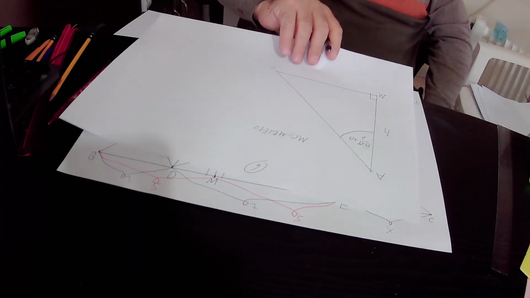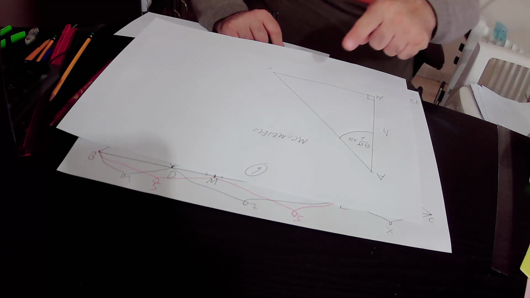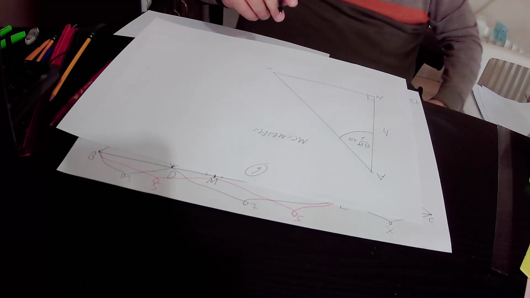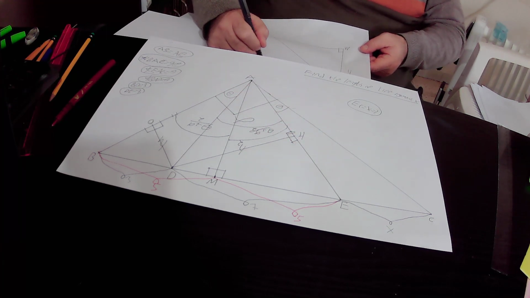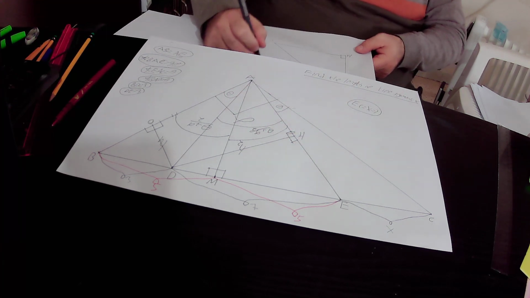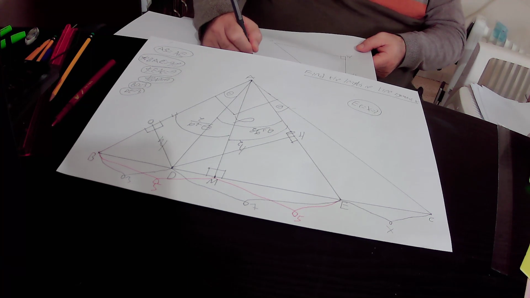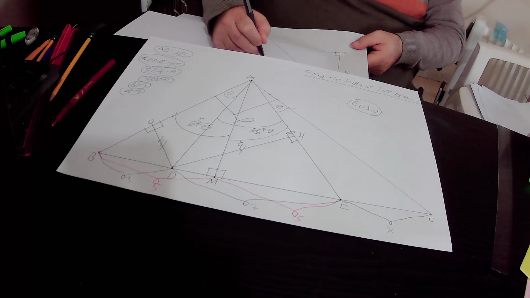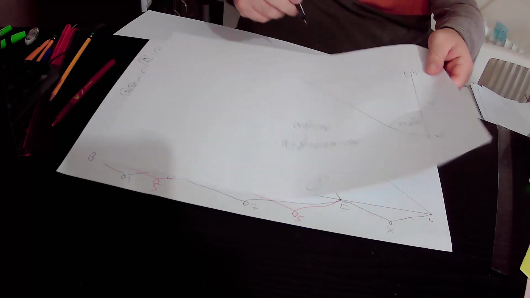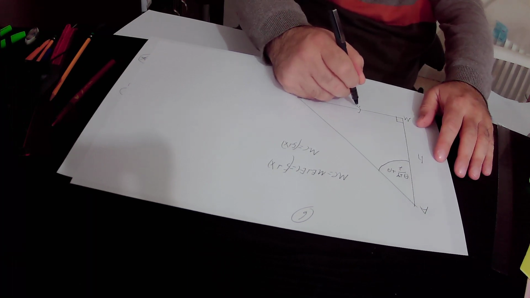But ME equals 5 units and MC equals x. So in conclusion, we found out that MC equals 5 plus x. MC equals 5 plus x, so we can write down here that MC equals 5 plus x.